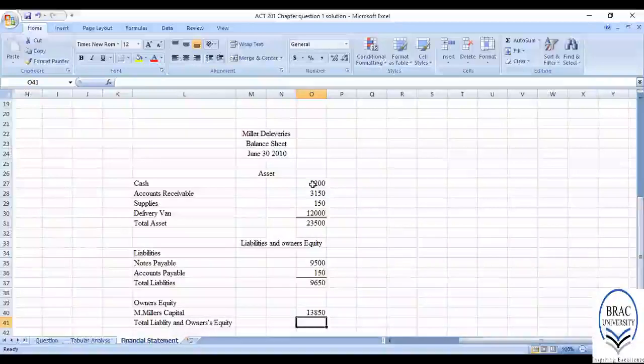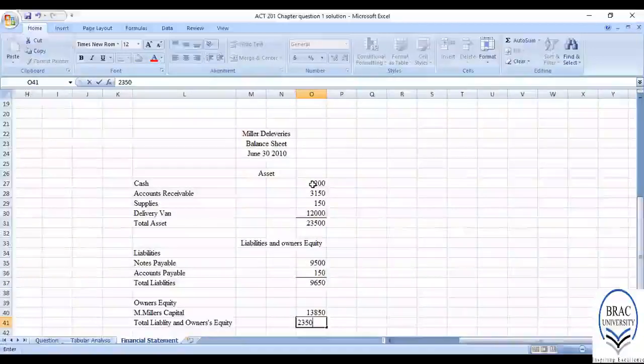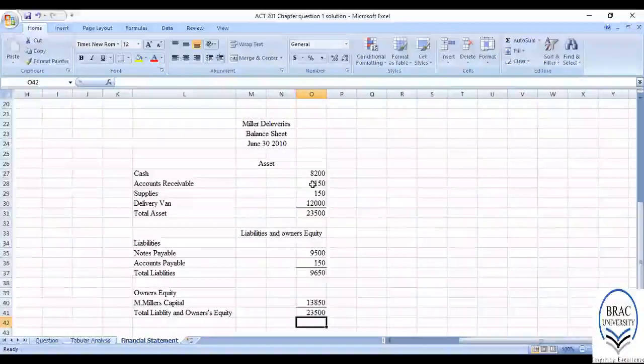Let's write down this information into our balance sheet. As we can see, total liabilities and owner's equity is equal to total assets. As we all know, in the balance sheet, total assets must be equal to total liabilities and owner's equity. And that's the most important information regarding the balance sheet.